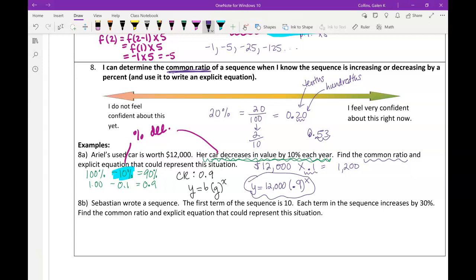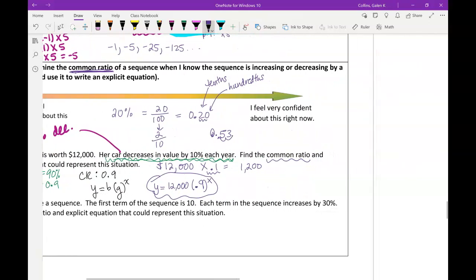Now, if it helps, when we did this in class, we made a table. So we could say at the beginning, when no time had passed, her car was worth $12,000. If I multiply $12,000 by 0.9, after 1 year, that's how much her car will be worth. So I could think of this next value in my table as being $12,000 times 0.9.